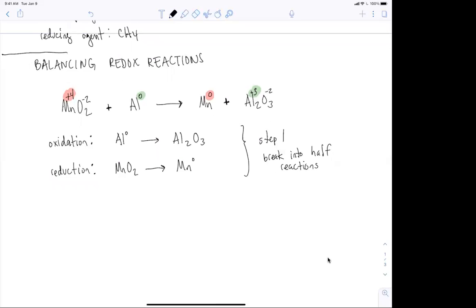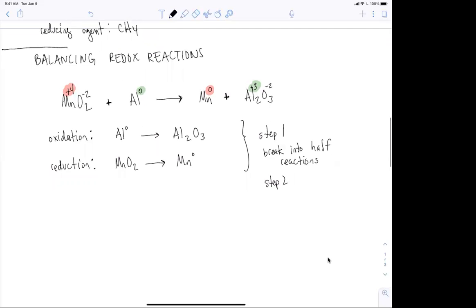Step 2 is balance all elements that are not hydrogen or oxygen.